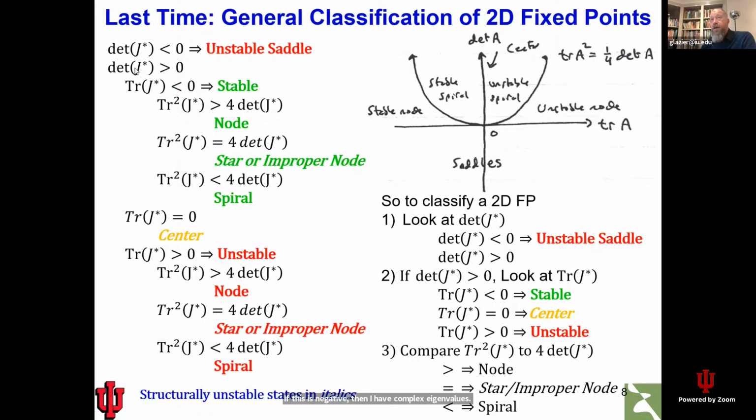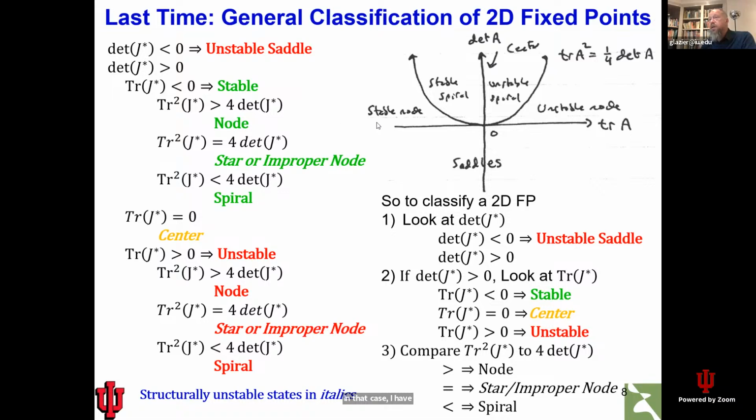And so if the determinant is positive, I'm on the top here, I now ask, is the trace negative? If the trace is negative, that's the only quadrant in which I have stability. And so here I am in the stable region. If the trace squared is bigger than 4 times the determinant, in that case, I have two negative real eigenvalues.